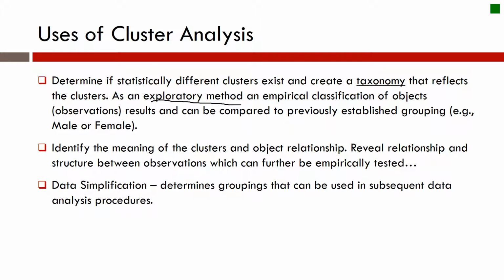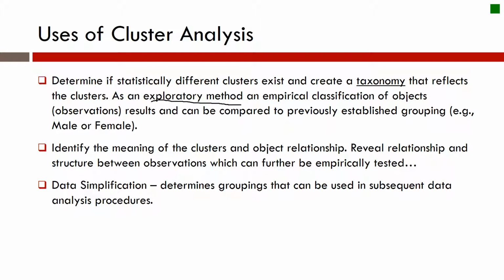A third element here for moving forward is a data simplification concept, which we used with factoring. Now, this is not so much a data reduction process, or not so much reducing data, especially to be used later on, but we are organizing our observations for further analysis. So it's a very, very handy, helpful tool to be able to use.